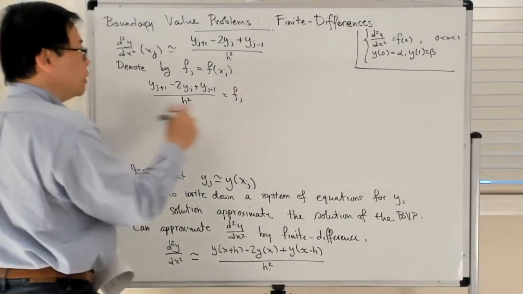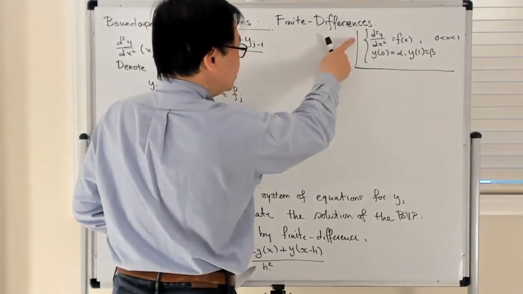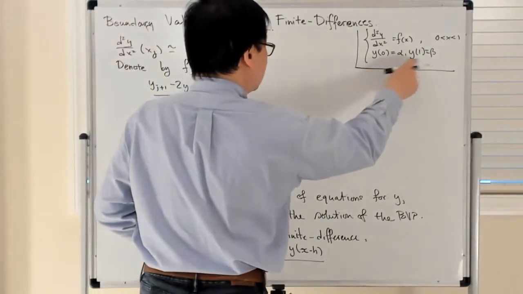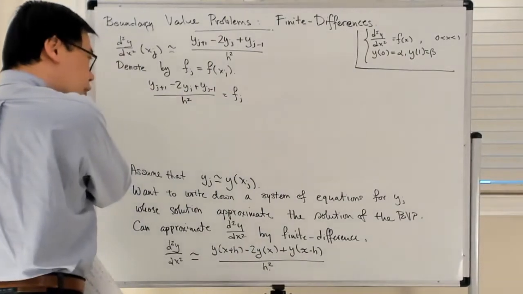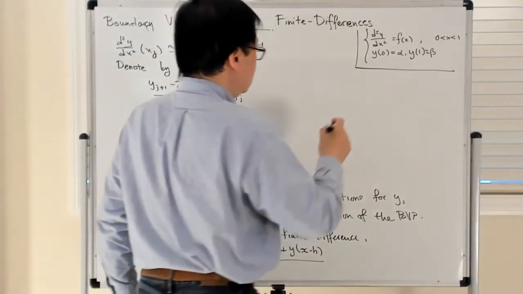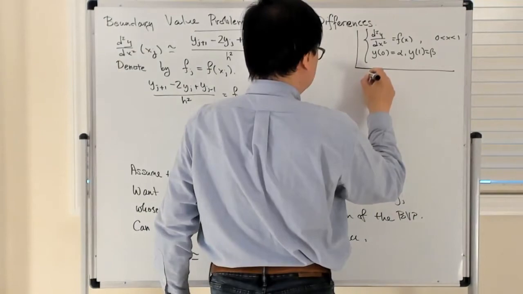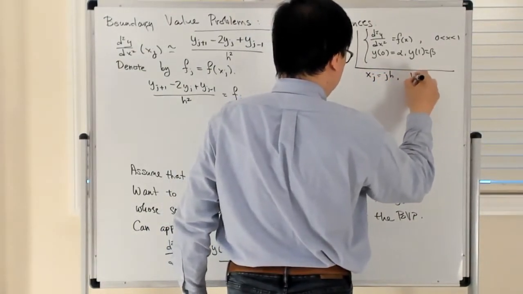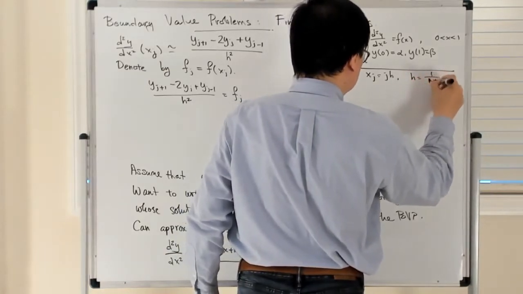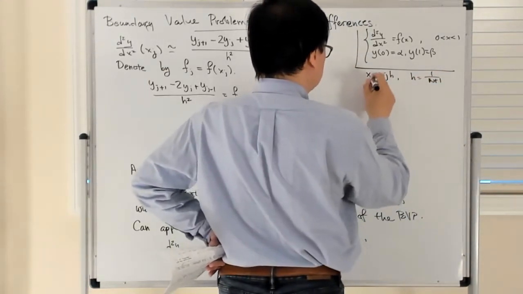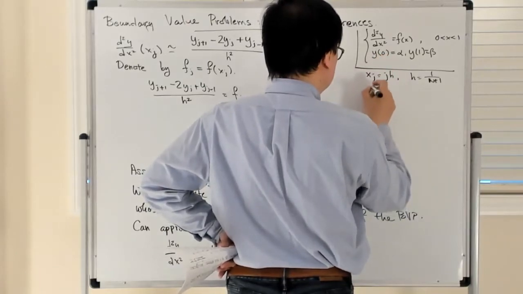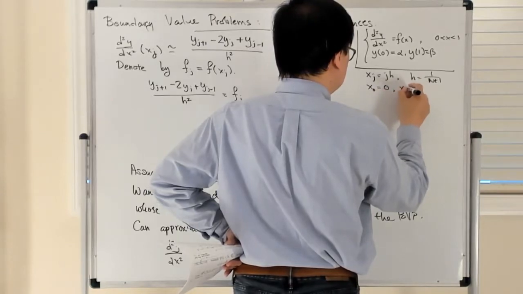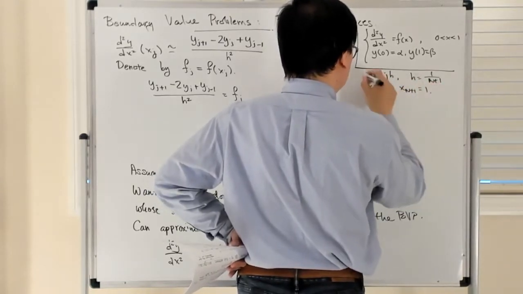So this becomes an approximation of that first equation, which is the differential equation, together with the boundary conditions y0 and y n plus 1. The other thing, of course, is that xj is equal to j times h, and h is 1 over n plus 1. So it's easy to convince yourself that x0 is equal to 0, and x n plus 1 is equal to 1.